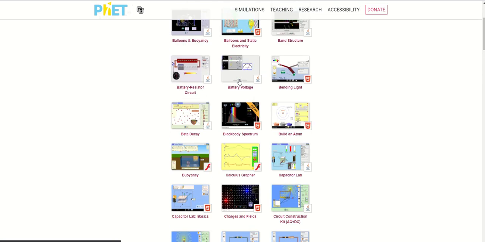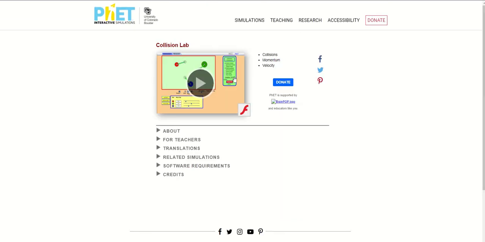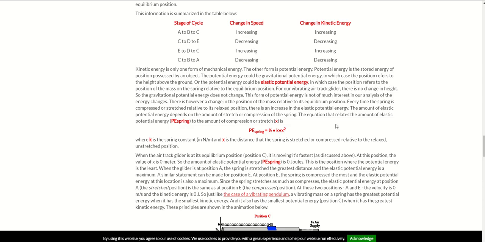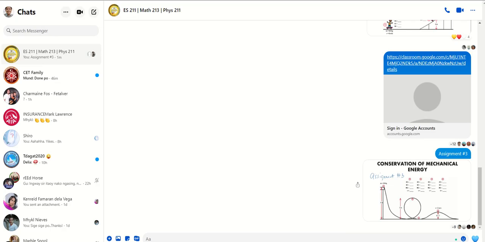Collision lab. Okay, try natin. Ayaw. Kailangan ng kung ano-ano pa. Okay, diretso na tayo.